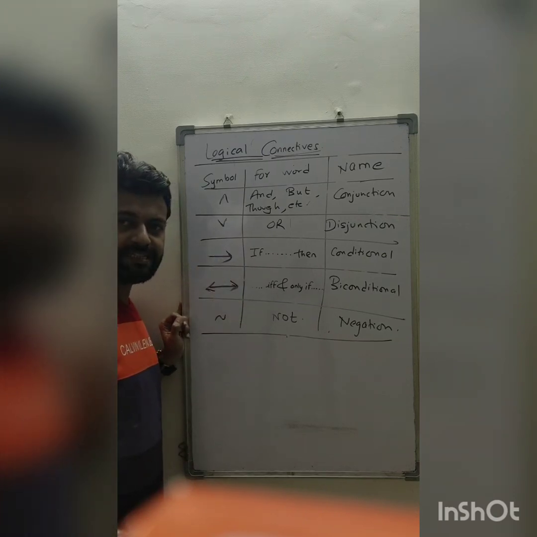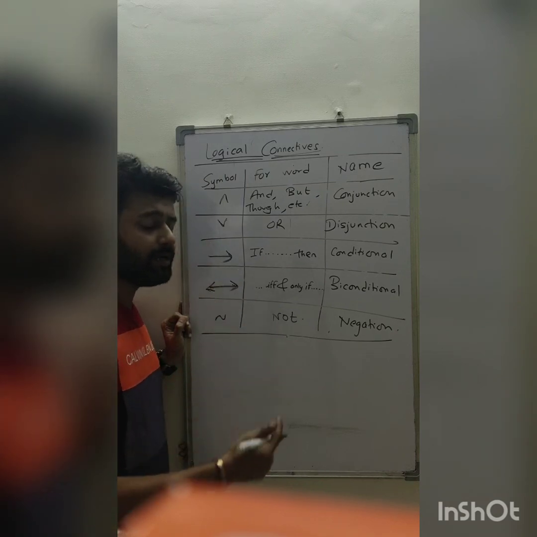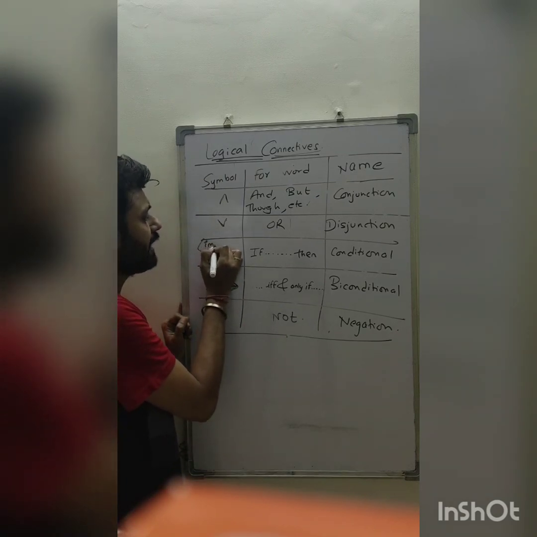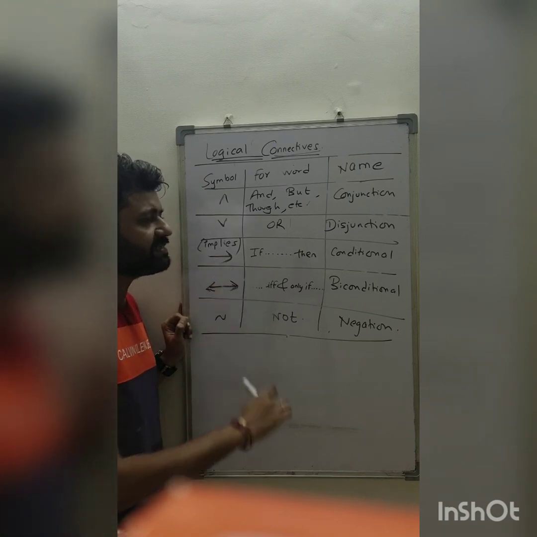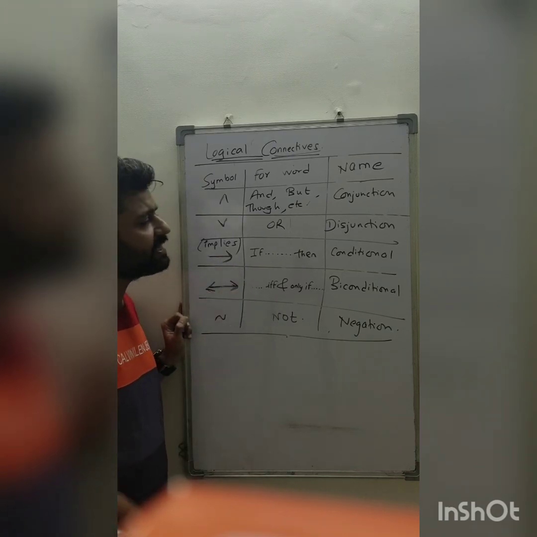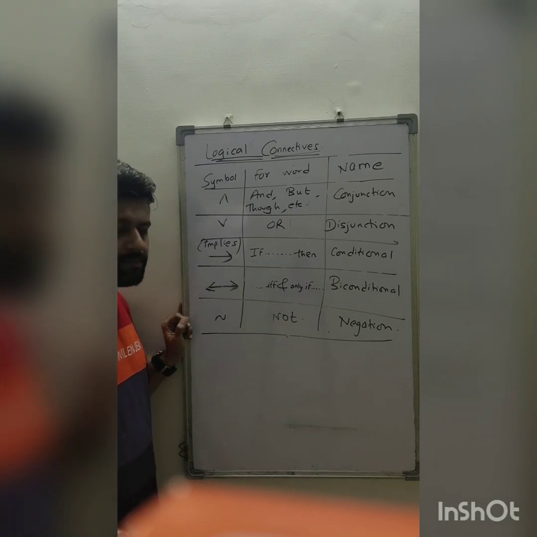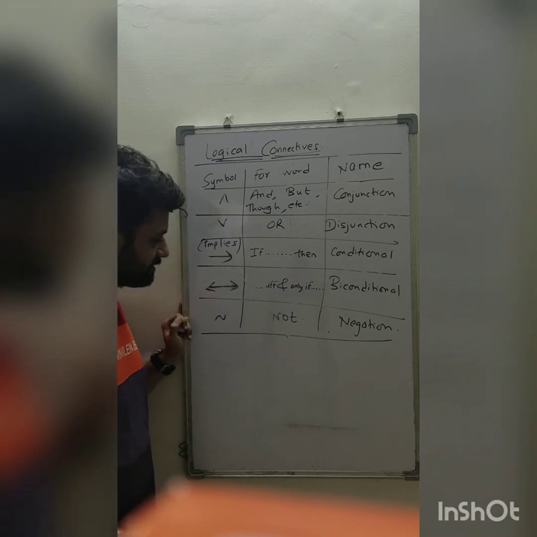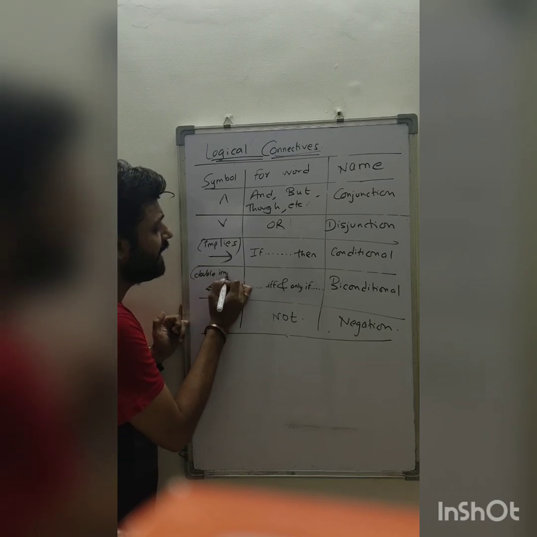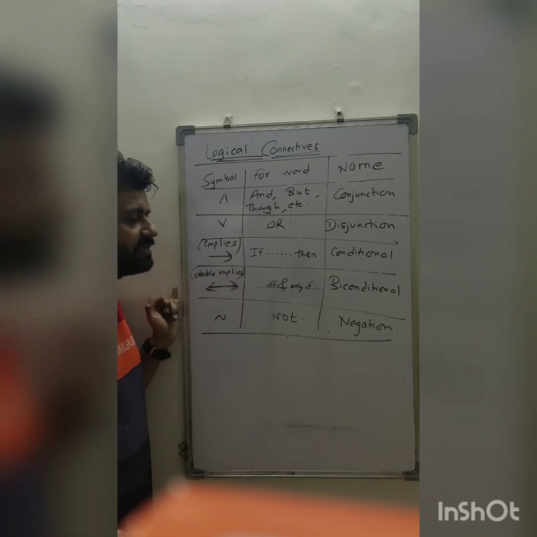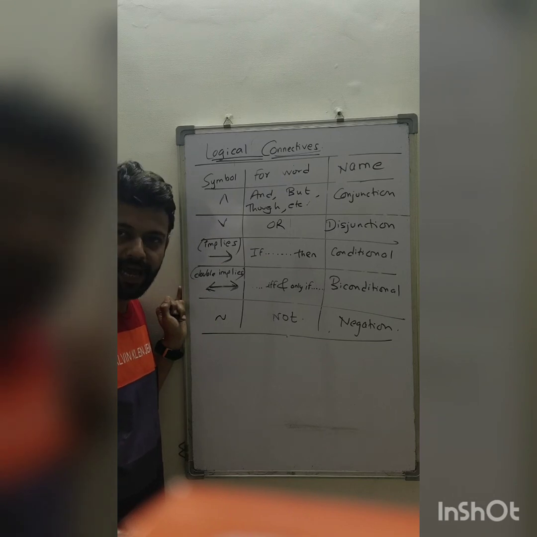If you recall, I had used the word implies. You can also read it as implies rather than using the word conditional. Here you can use double implies. This is also known as double implies.